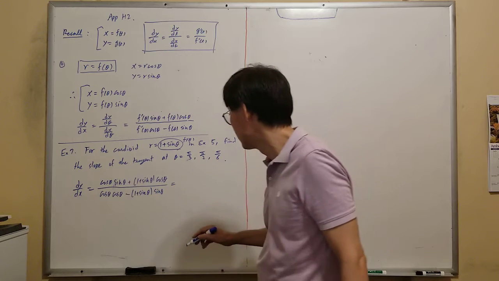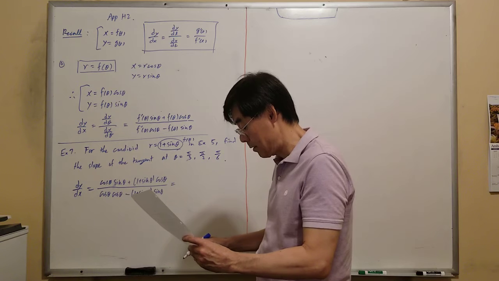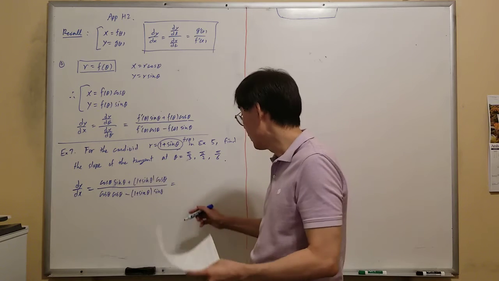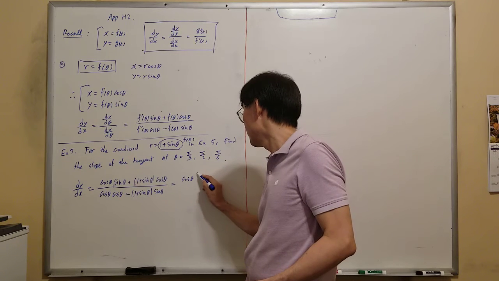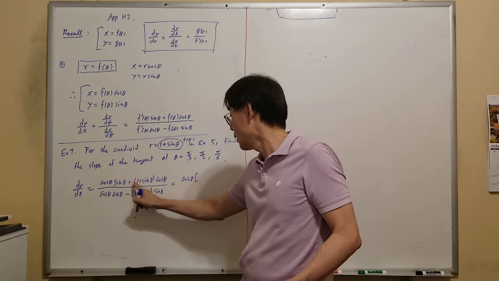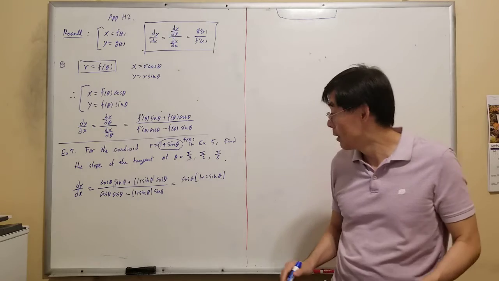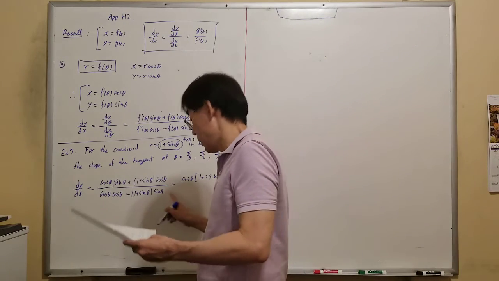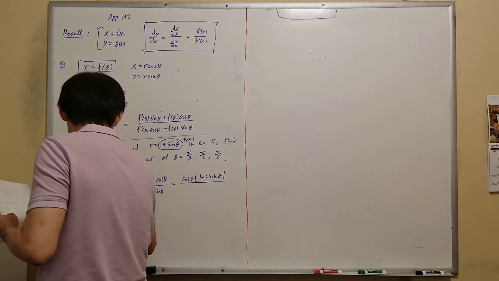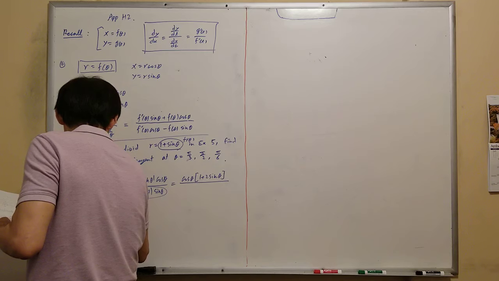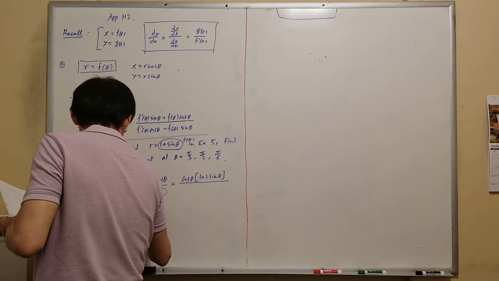So what do you get? Cosine theta, sine theta, cosine theta, sine, cosine theta, factor out cosine theta, you get sine theta plus 1 plus sine theta, 1 plus 2 sine theta. Just factor out cosine theta. Here, cosine squared.